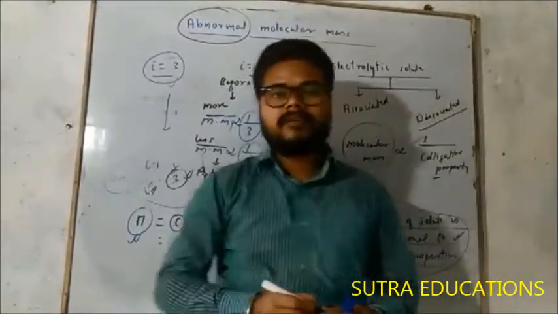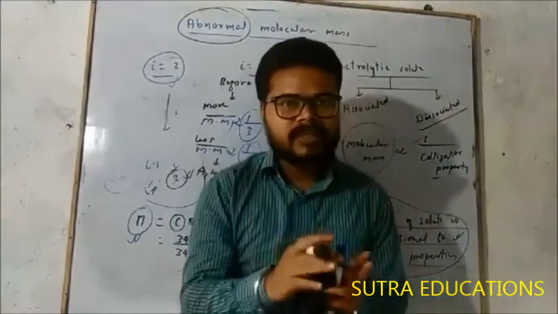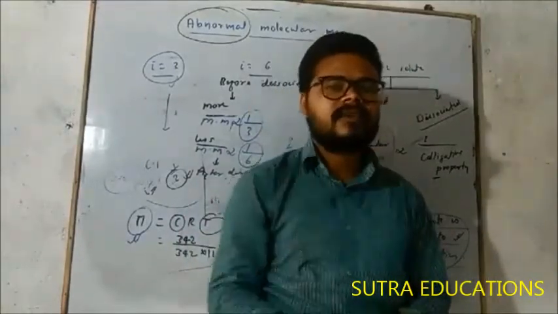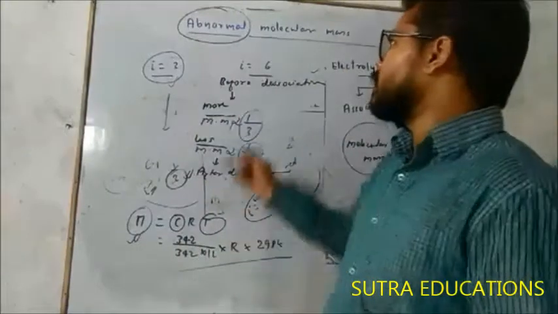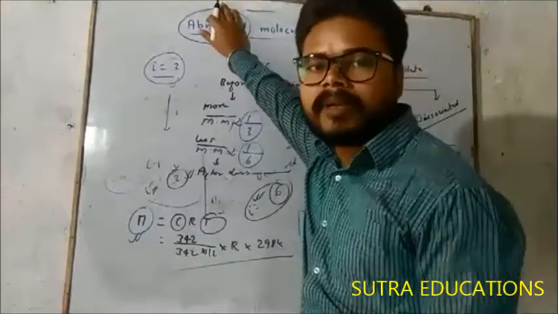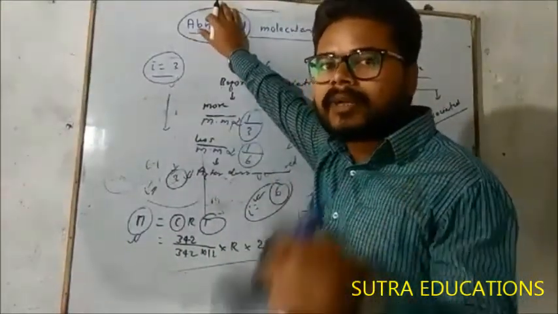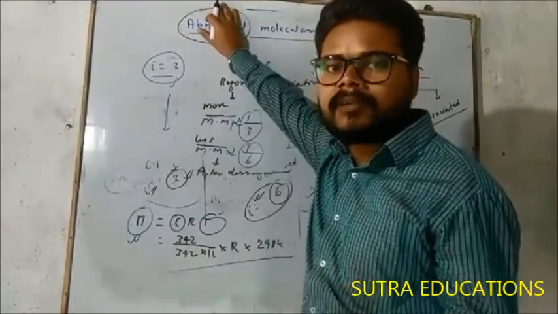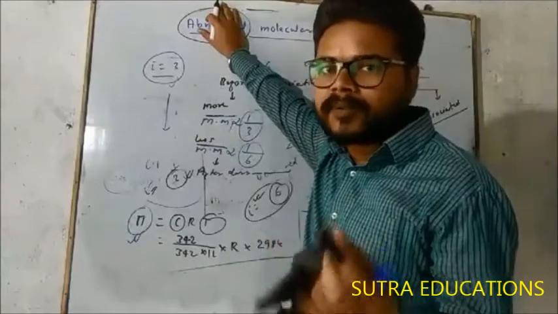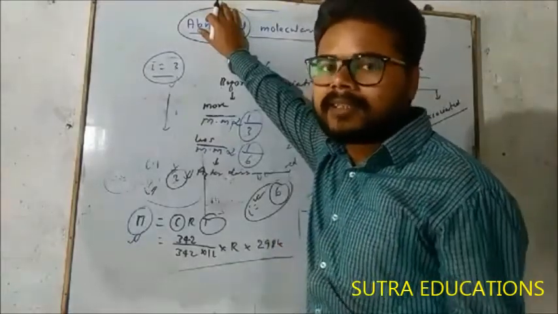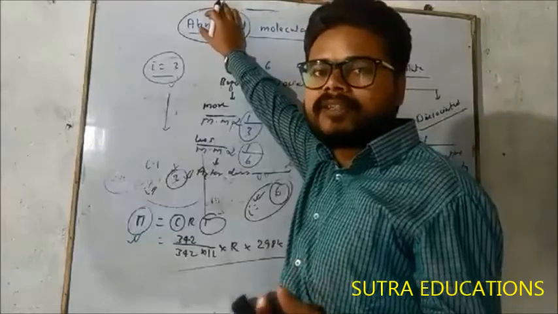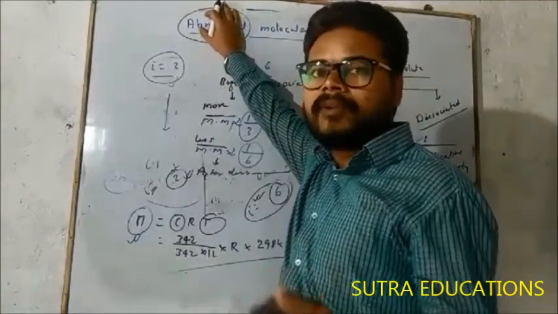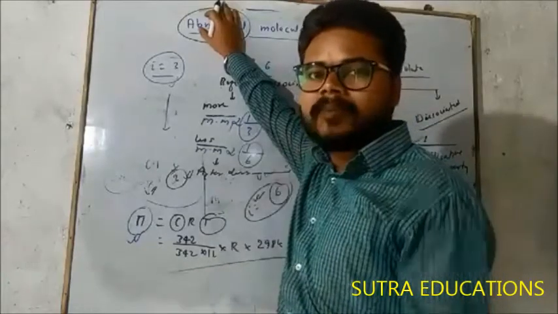Getting this or not? If there is no association or dissociation, meaning the solute is a non-electrolyte, then we get the normal molecular mass. But when it is an electrolytic solute, either association or dissociation of the solute will take place, and the Van 't Hoff factor is going to increase or decrease. And we know molecular mass is inversely proportional to colligative property.